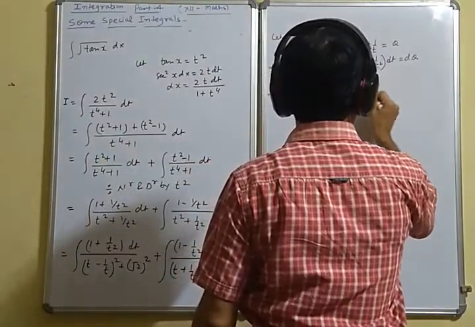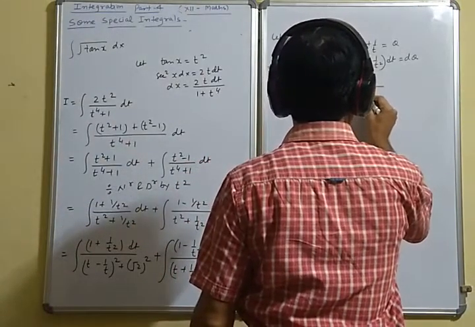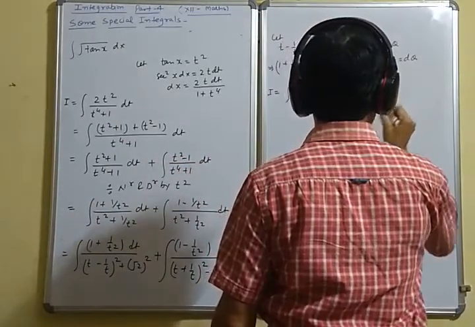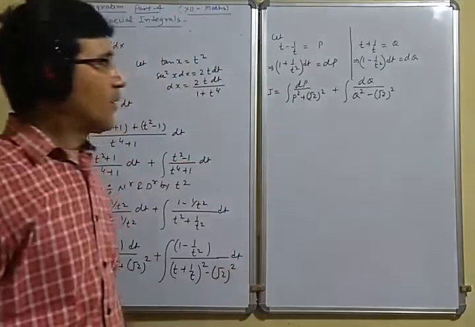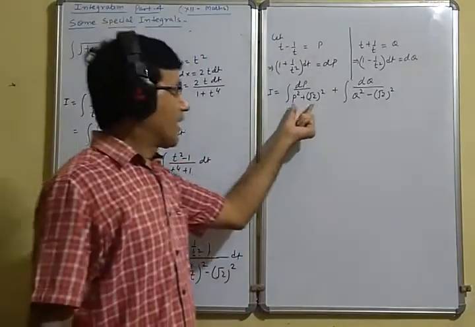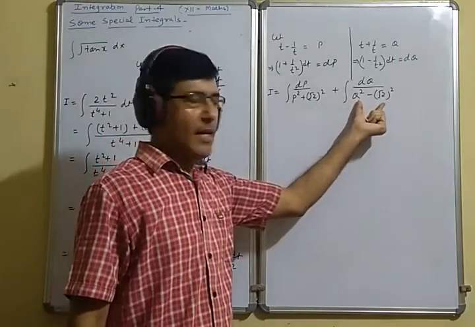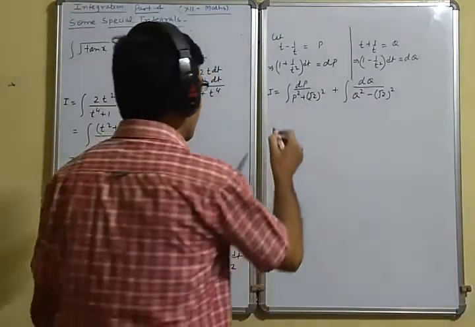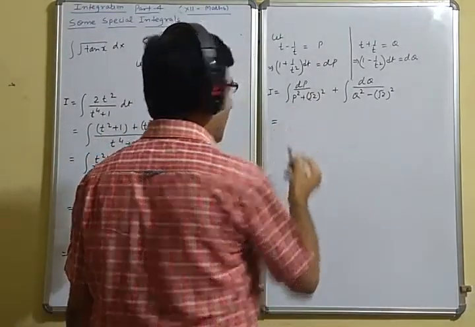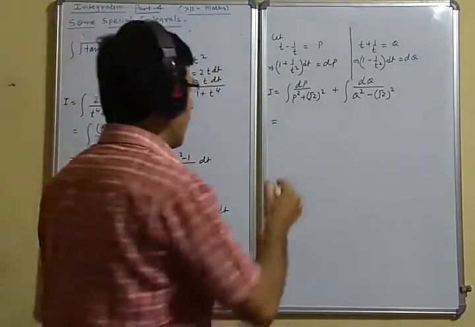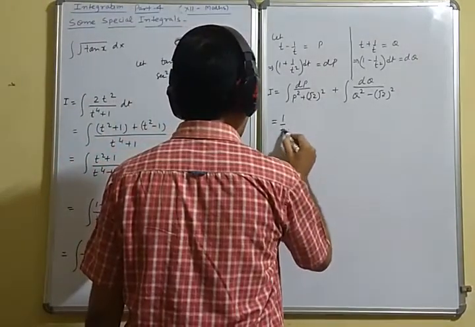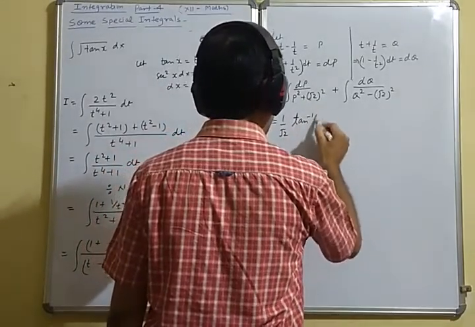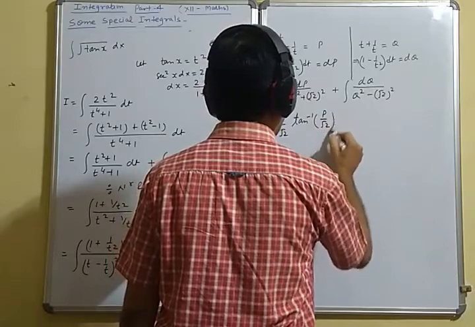Now these are two different forms. This is x square plus a square, and this is x square minus a square. So now use the formula: integration of dx upon x square plus a square is 1 upon a tan inverse x by a, that is p by root 2.